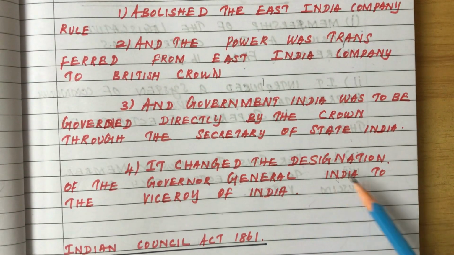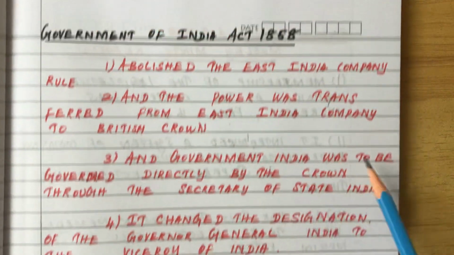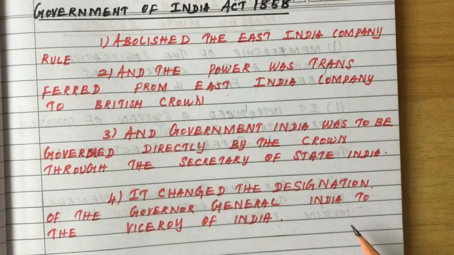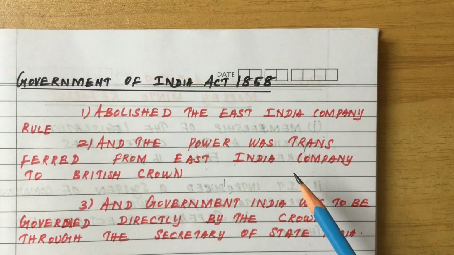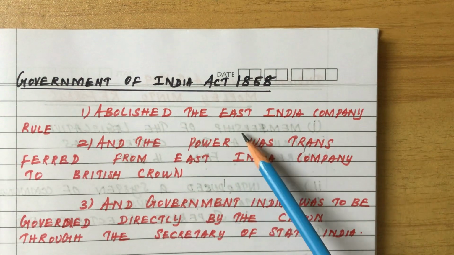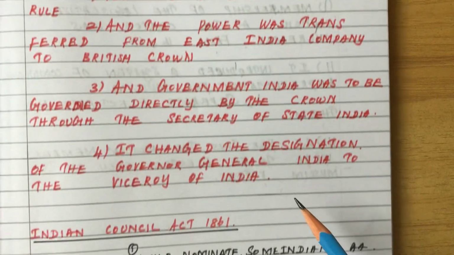It changed the designation of the Governor General of India to the Viceroy of India. So the act for the transfer of power from the East India Company to the British Crown is 1858.